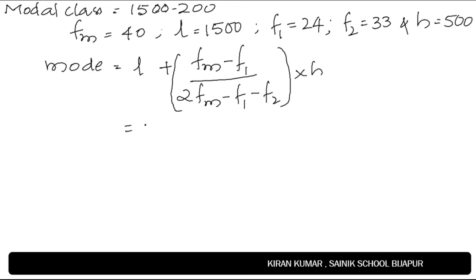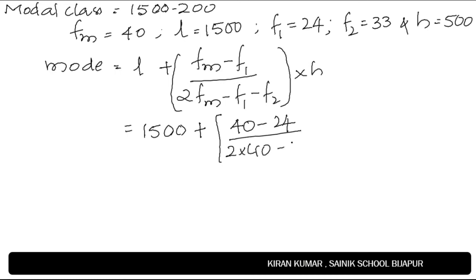Substituting the values, we get 1500, which is the lower limit, plus within the bracket the frequency of the modal class, which is 40, minus the frequency of preceding, 24, by 2 times 40 minus 24 minus the succeeding frequency 33, multiplied with 500.